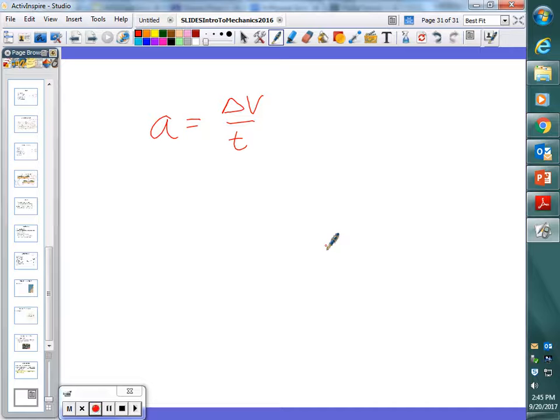And so we can write this equation to look like this. Does that make sense how I went from that to that? Final velocity minus initial velocity over time. So let's talk about the first example, something speeding up.